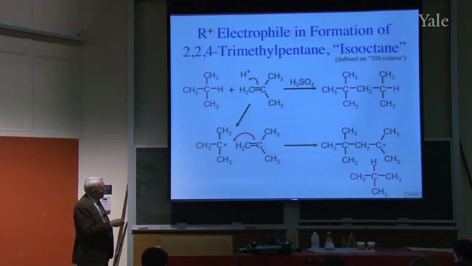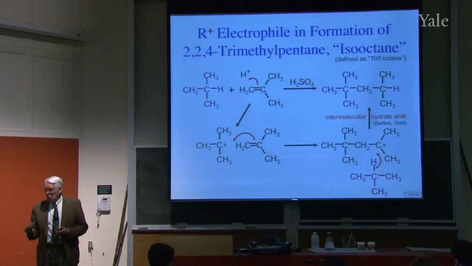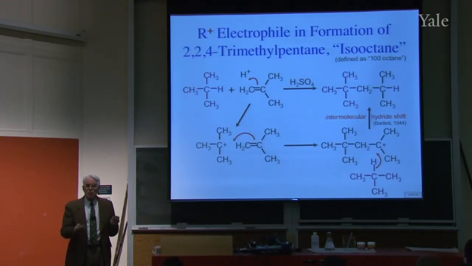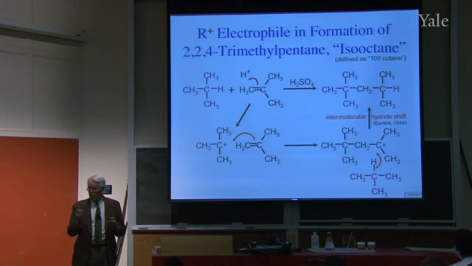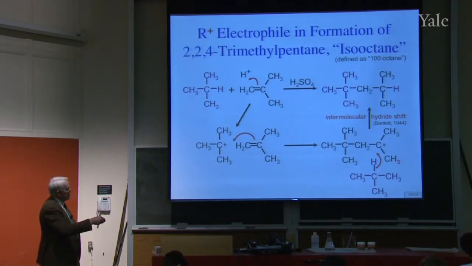This one, if you transfer this with its electrons, curved arrow there, that's a hydride shift. We've seen hydride shifts before. The difference is this is happening between two molecules rather than from one carbon to the next in the same molecule. But it was shown by Bartlett in 1944 that this process happens using isotopic labels.